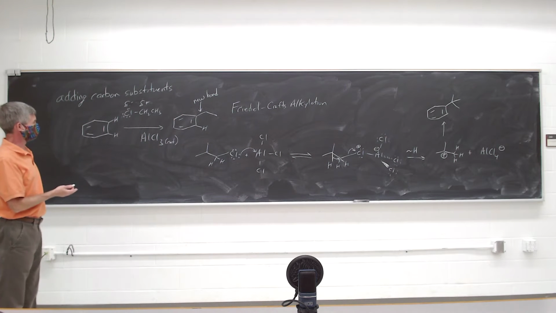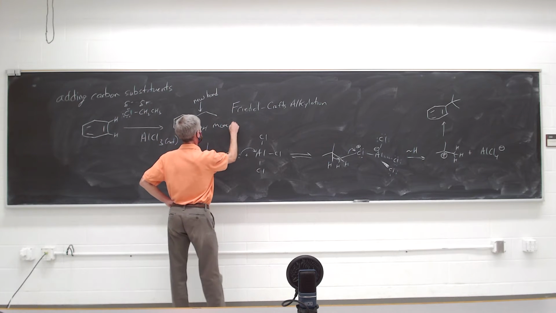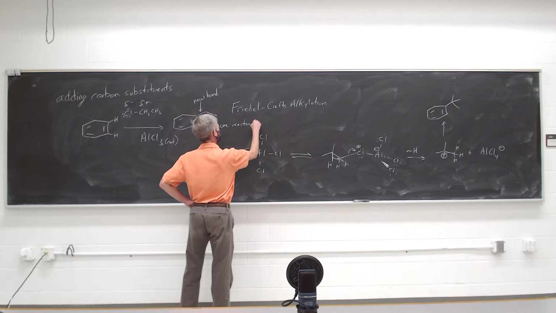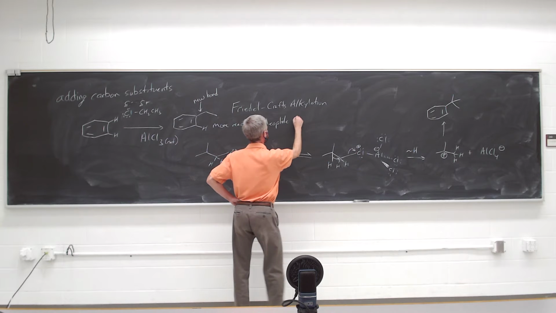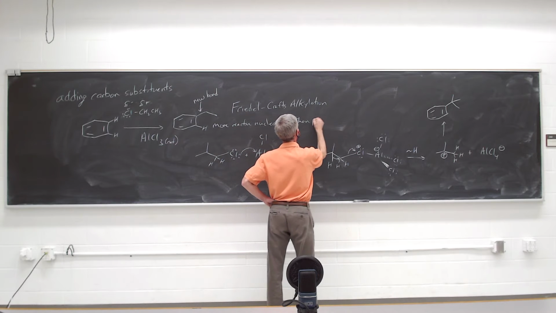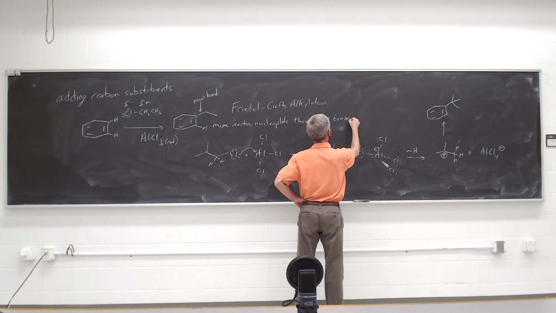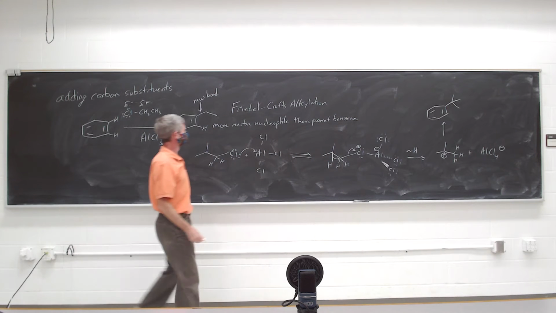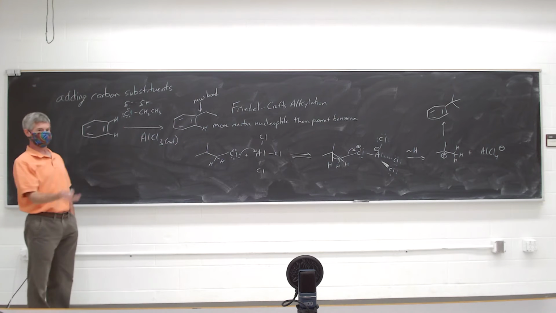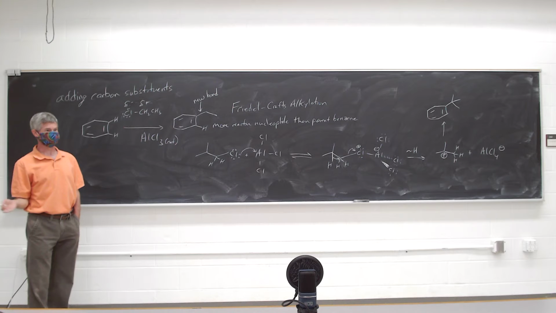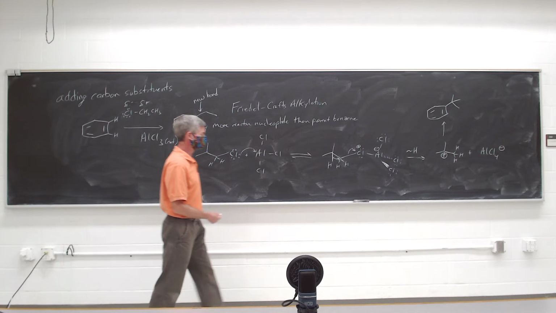The other problem with the Friedel Crafts alkylation is that the product is more reactive than the parent. That's a problem, right? Because once we put the one alkyl group on there, it's more likely to react with the electrophile than the original benzene, so we get multiple alkylations.